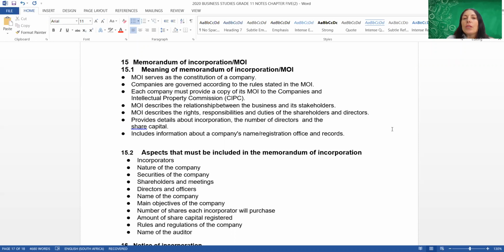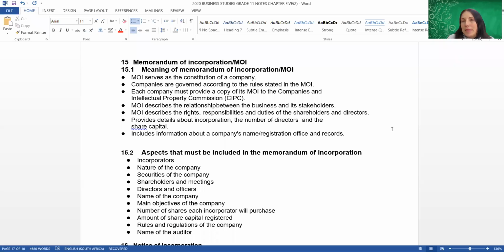Companies are governed according to the rules stated in the Memorandum of Incorporation. So it's important to list all the things that you think are important in this MOI, because if there's problems later on, people will refer back to the MOI. Each company must provide a copy of its MOI to the CIPC. So that is part of your formation or registration procedure.